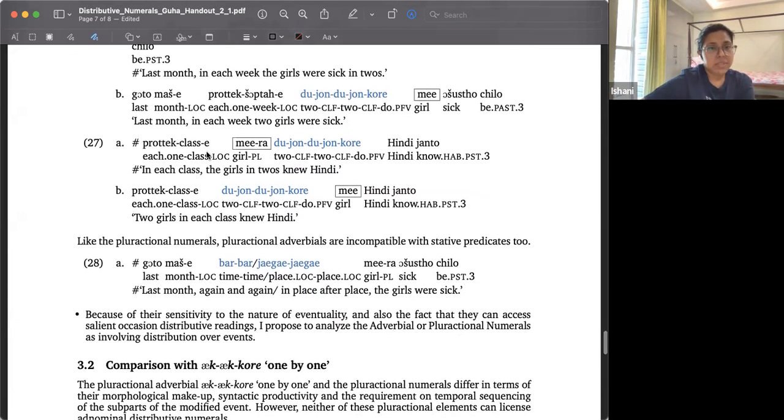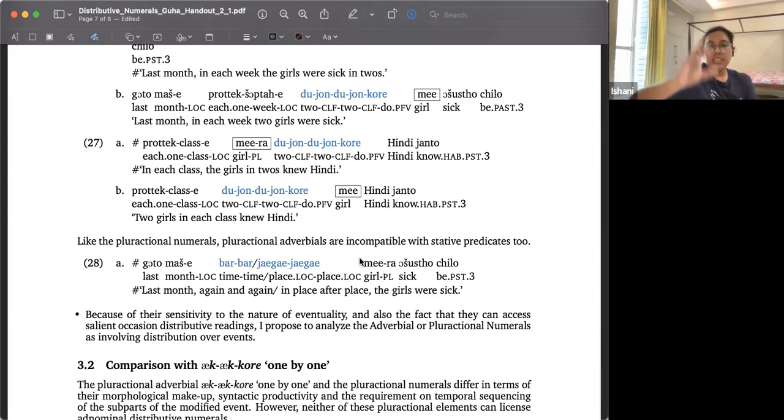27: প্রত্যেক ক্লাসে মেয়েরা দুজন করে হিন্দি জানতো, again terrible. So, in each class, the girls knew Hindi in 2s. Doesn't work at all. Whereas the adnominal one is perfectly fine: প্রত্যেক ক্লাসে দুজন করে মেয়ে হিন্দি জানতো. In each class, 2 girls knew Hindi.